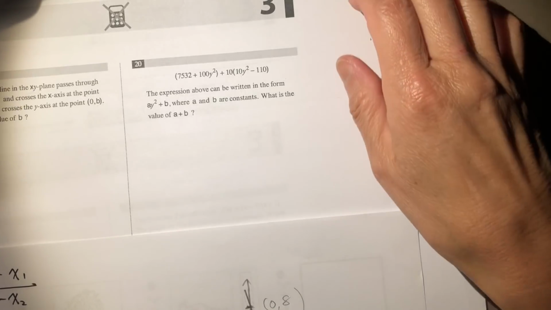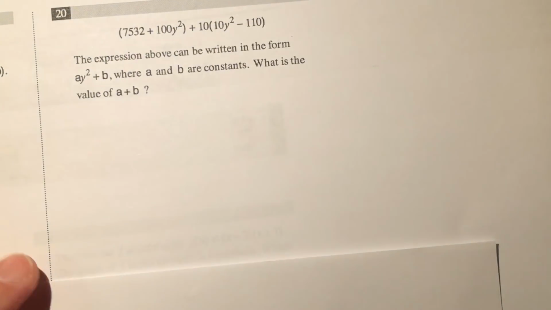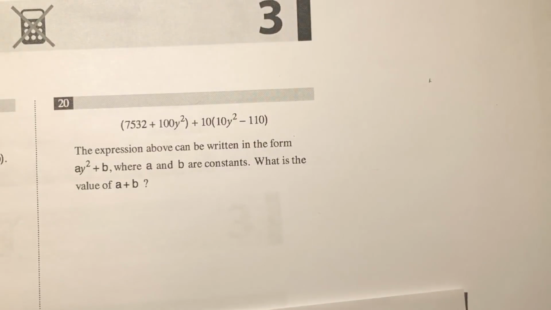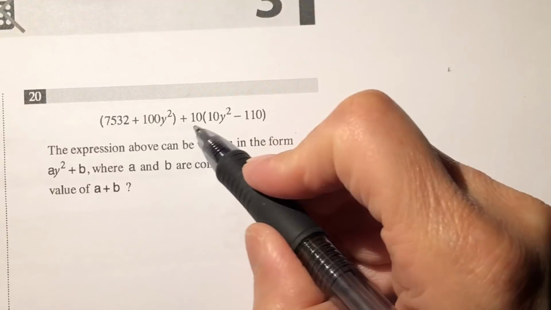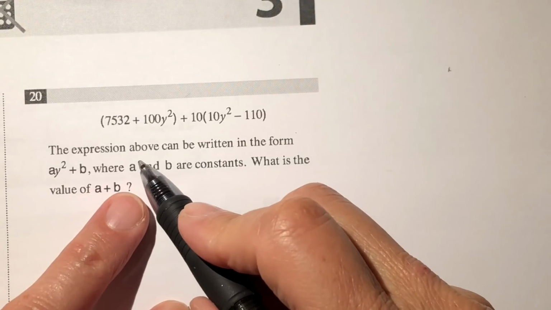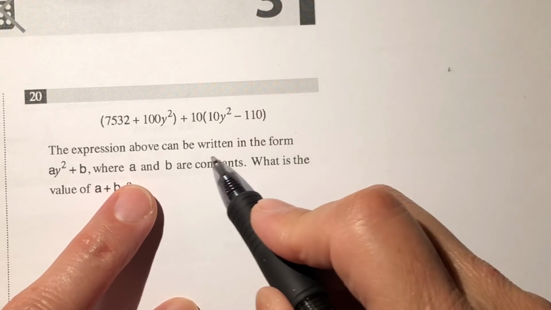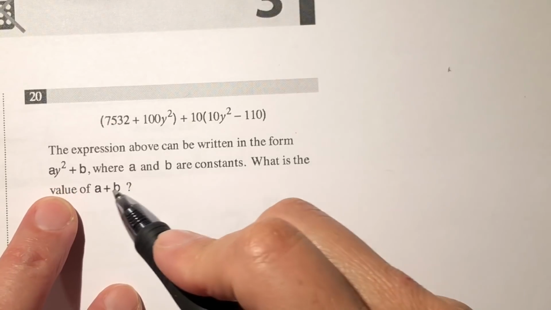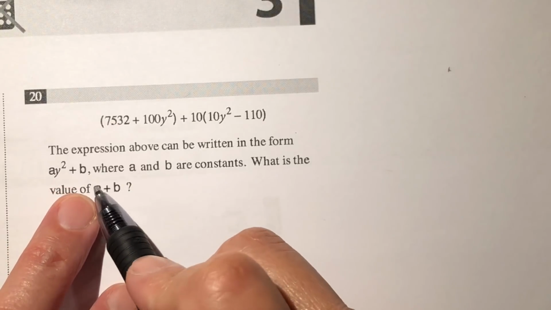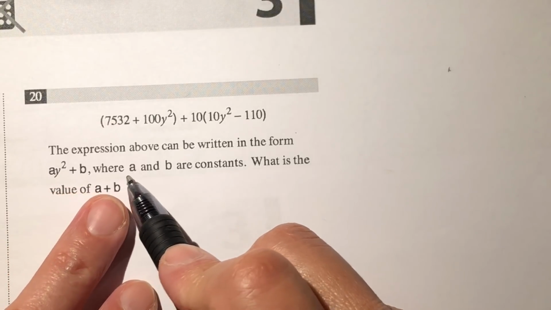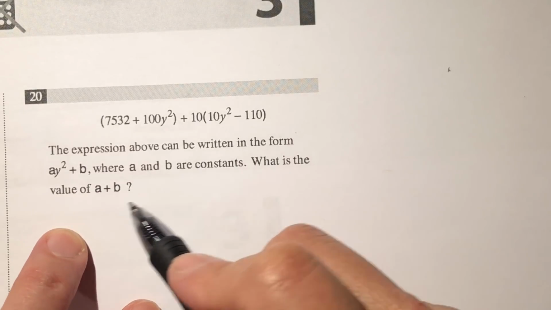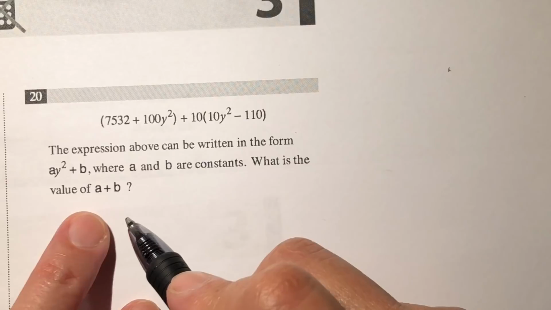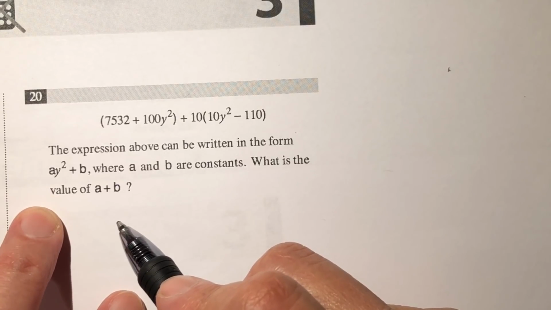Thank you. Okay, question 20, and this is the last question of the non-computer part. The expression above can be written in the form ay squared plus b, where a and b are constants. What is the value of a plus b? Oh, that looks a little bit complicated.